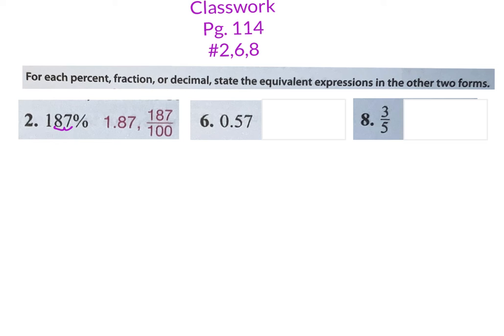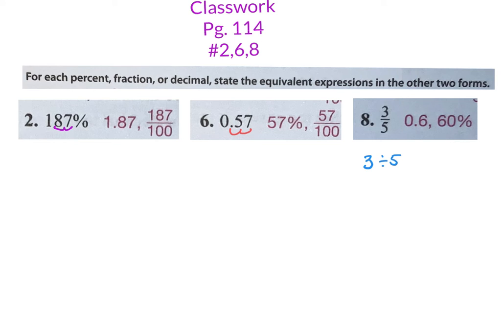So for percentage, you can just move it over 2 places. For fraction, you can just put it over 100. For the last one, you should have divided. So you should have done 3 divided by 5. When you do that, you would get your decimal form as 0.6, and then you can just move that decimal 2 places to the right to get 60%.